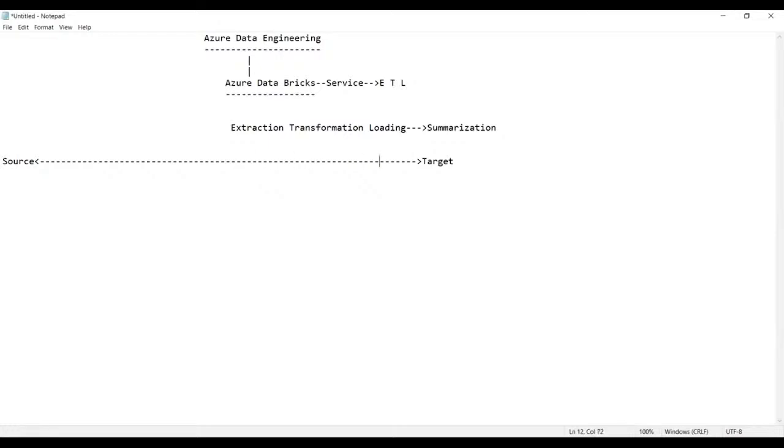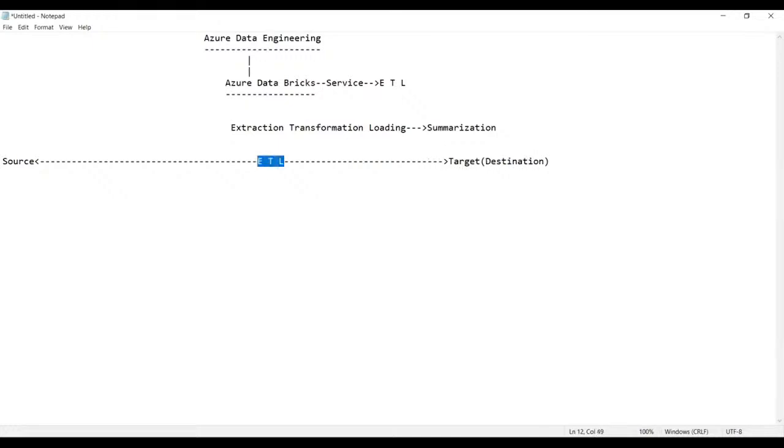Target is a place or destination, target or destination, we can say it here. Now, between the source and the target, we perform the process of ETL.